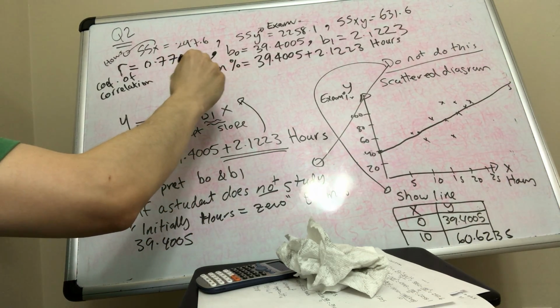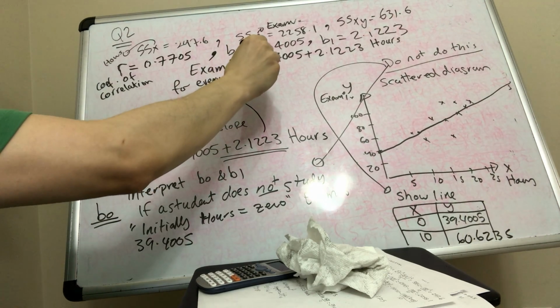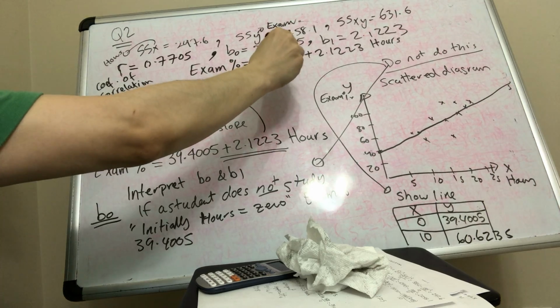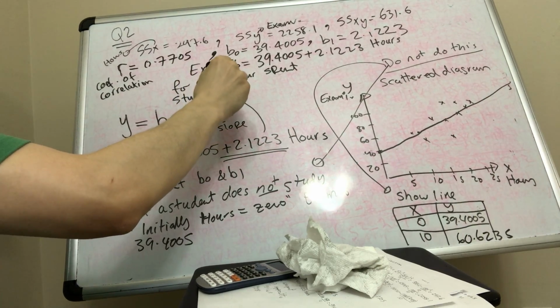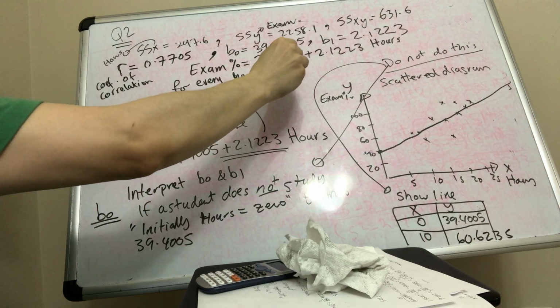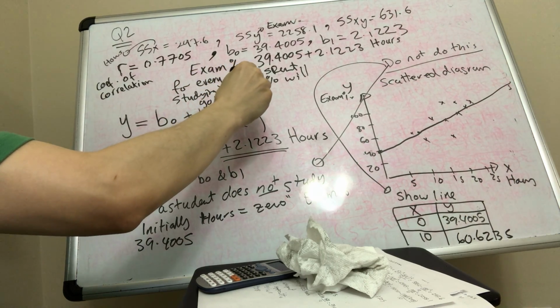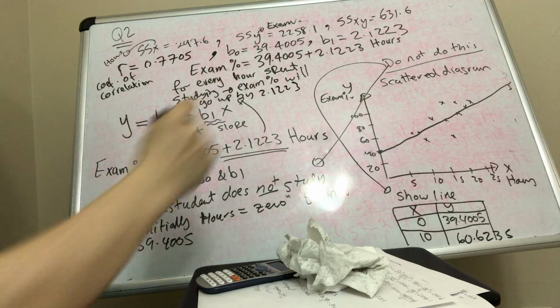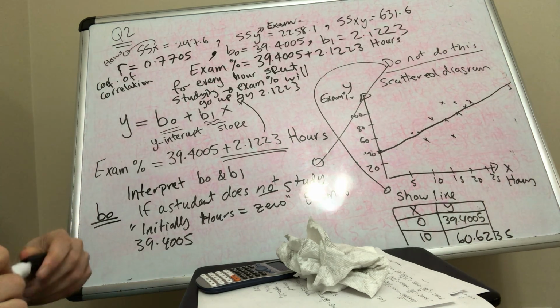For every hour spent studying, exam percentage will go up by 2.1223. Good? Okay.